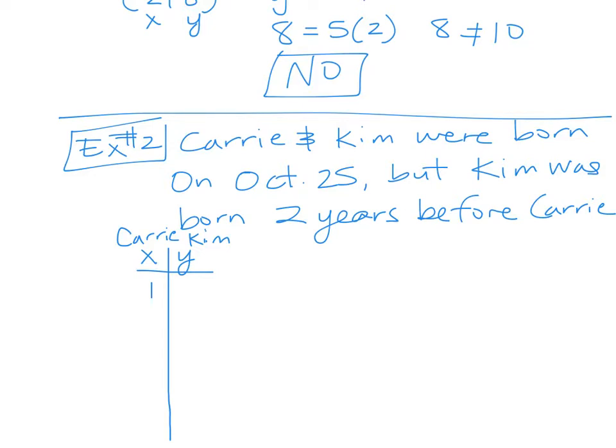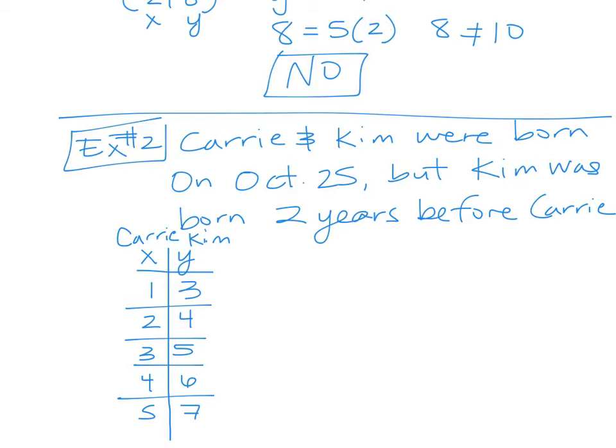She was born 2 years before her, which means she's older or younger? Older. She's older, right? So she's 2 years older. So Kim is 3. Okay? If Carrie is 2, how old is Kim? 4. She's 4. If Carrie is 3, how old is Kim? 5. And so on and so forth, right? So you kind of make a chart to help you see the relationship.